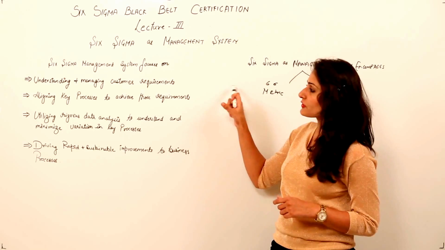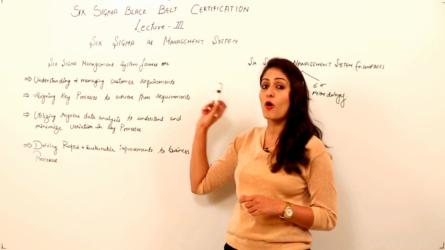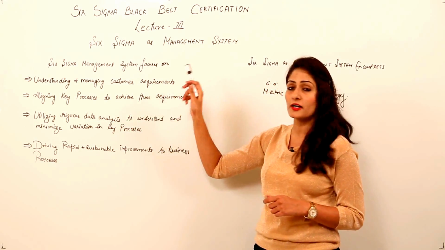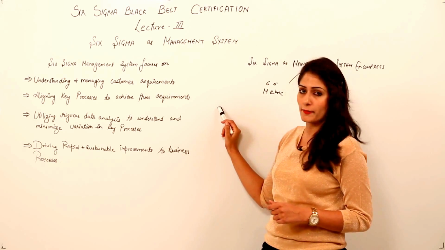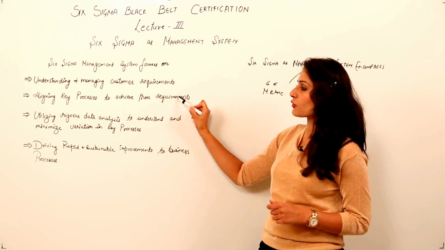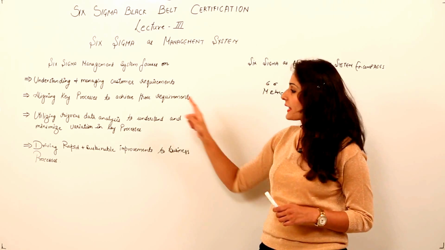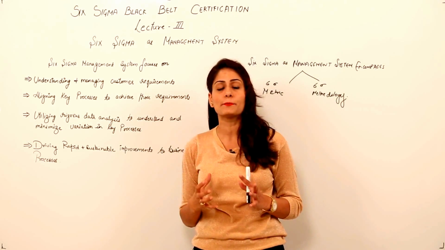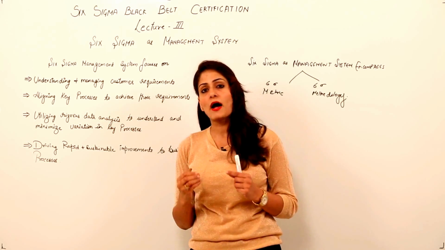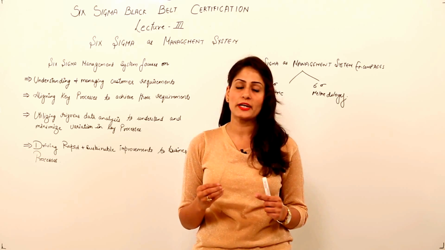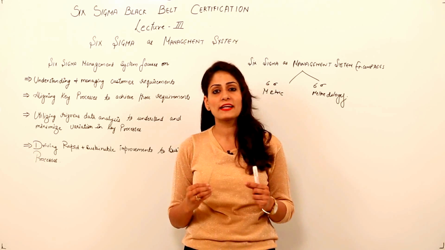And so after managing customer requirements, all the key processes are aligned to achieve those requirements. And to achieve these requirements, rigorous data analysis is used to understand and minimize variation in key processes. Six Sigma is not at all a hypothetical subject. It's very practical, very scientific.